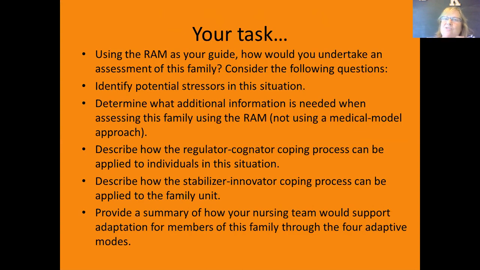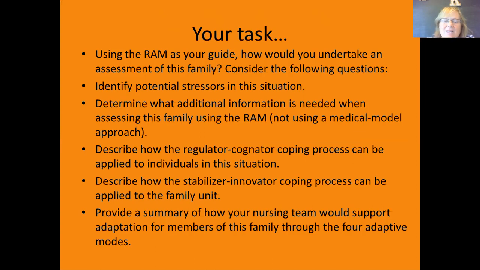So we would look at the potential stressors and the stimuli in the situation. We would consider what information is needed that's not available to us using the medical model. A lot of that information that you received is based specifically in the medical model. We would identify those stimuli and then look at how the regulator, cognator coping processes can be applied to individuals, and then look at how the stabilizer, innovator coping processes can be applied to the family.